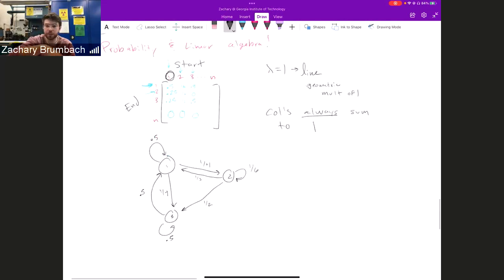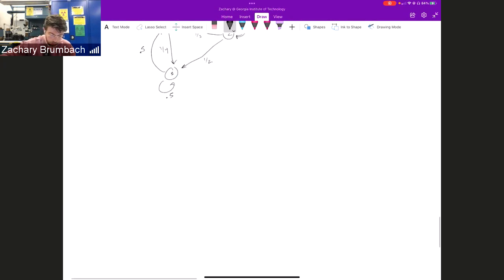So this is how we derive that from a word problem or a diagram or anything like that. Any questions on that so far? Cool. Moving on.